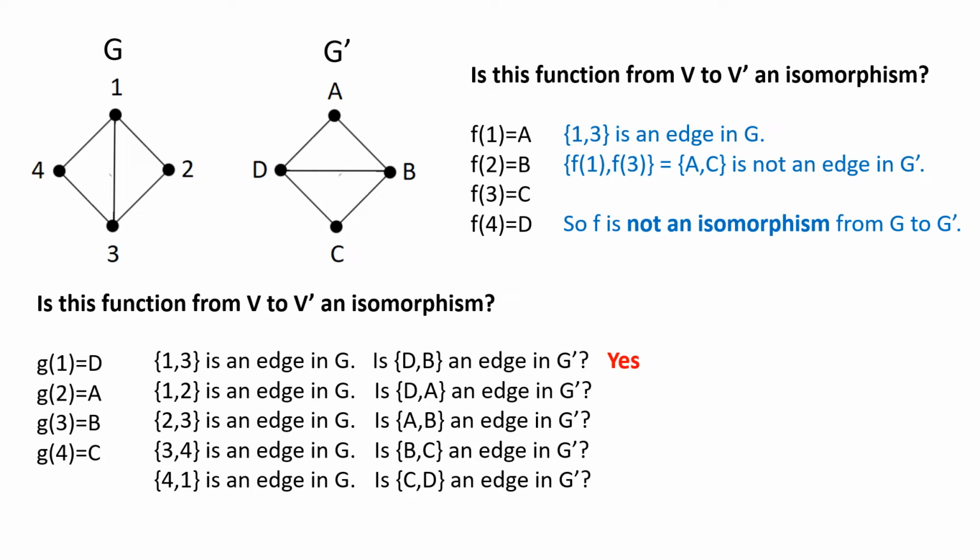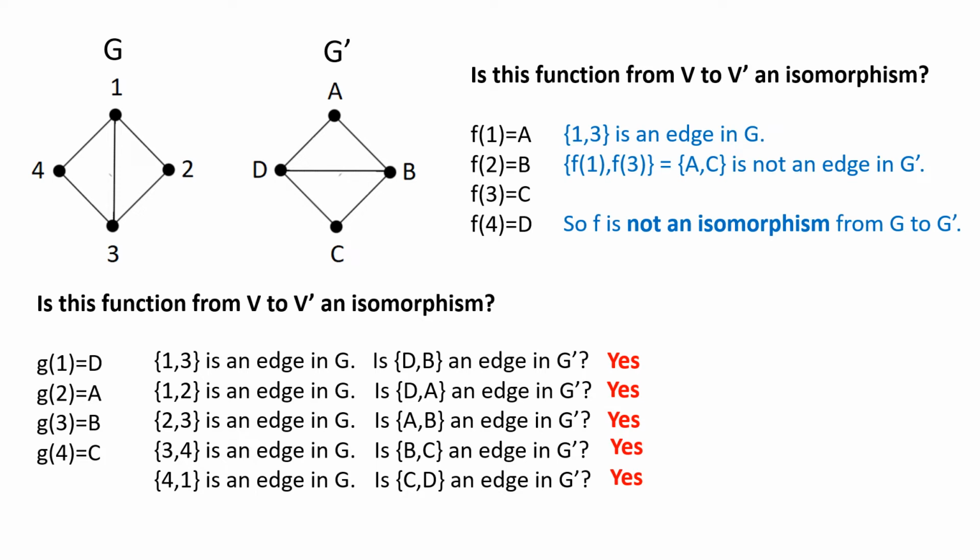Okay. What are some other edges in G? 1, 2. That's an edge in G. 1 and 2 correspond to D and A. Is there a line between D and A? Yes. Okay. 2 and 3 is an edge in G. That corresponds to A and B. Is there a line between A and B? Yes. And we could keep going and find that, yeah, every edge in G has a corresponding edge in G prime if we use that correspondence.